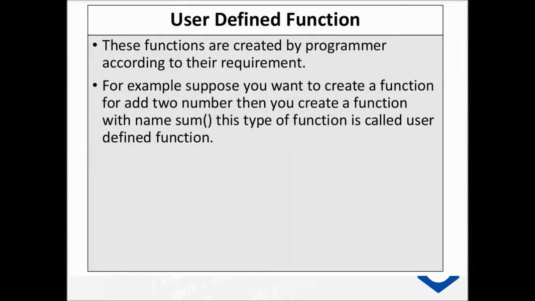Functions also need to be declared before they are called. For example, if you want to create a function for adding two numbers, then you create a function with the name sum. This type of function is called a user defined function.